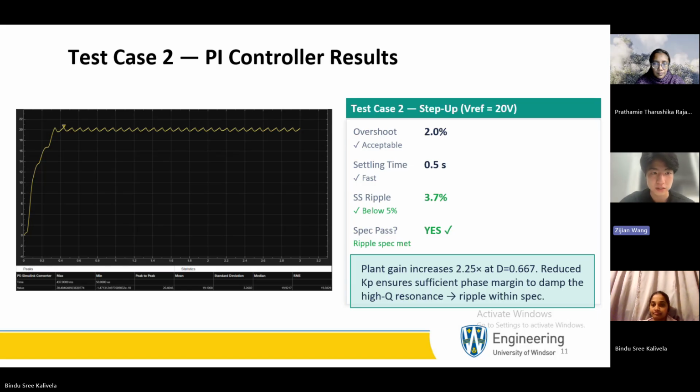Both cases meet the specification, which confirms that the PI controller works correctly across the full operating range. This completes the PI controller section. My teammate will now present the cascade controller.